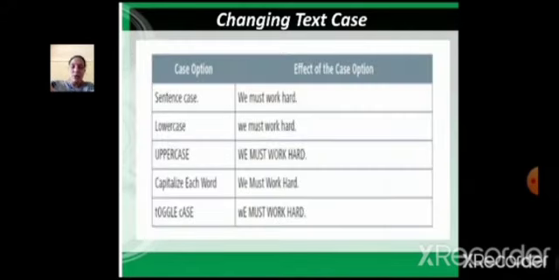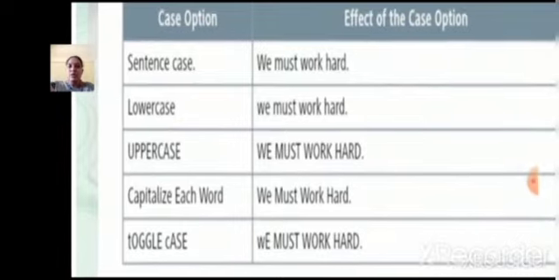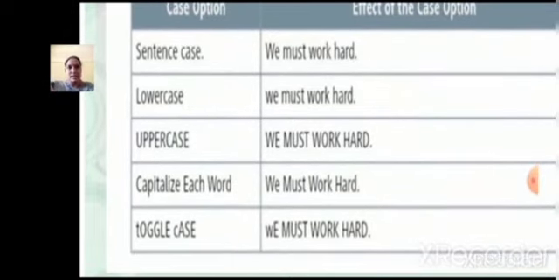Along with the two cases, children, that is uppercase and lowercase, we have another three cases that we can use in MS Word: sentence case, capitalize each word, and toggle case. You can observe in the picture how the text looks in each case.